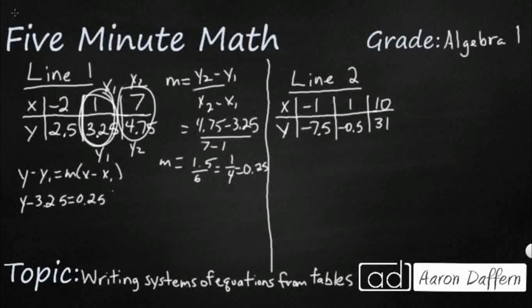That slope, remember, I put that back into a decimal form, so it's just going to be x minus that 1 right there. So it's going to be y minus 3.25 equals, let's distribute this out, 0.25x minus 0.25.